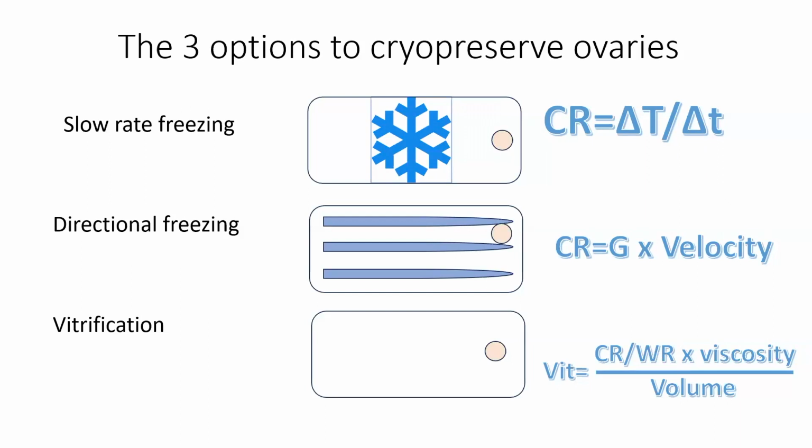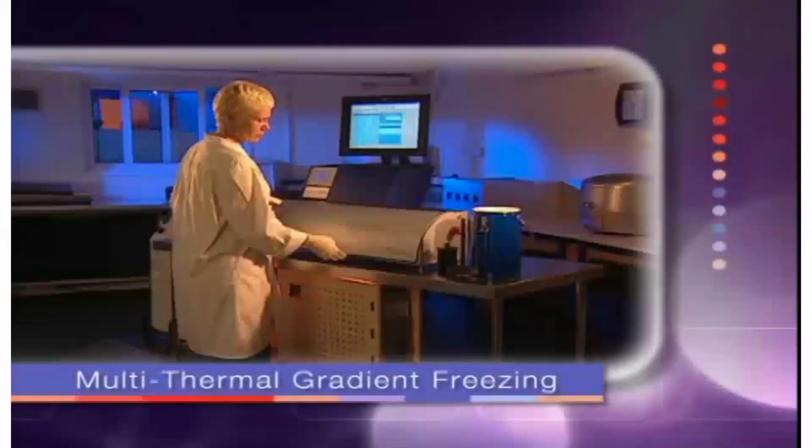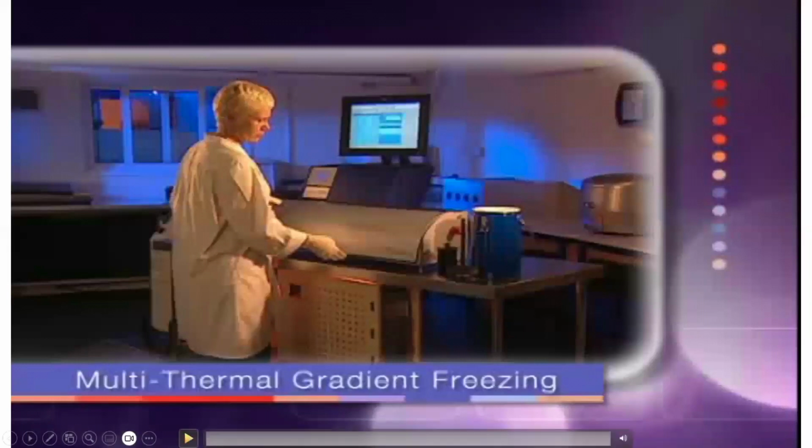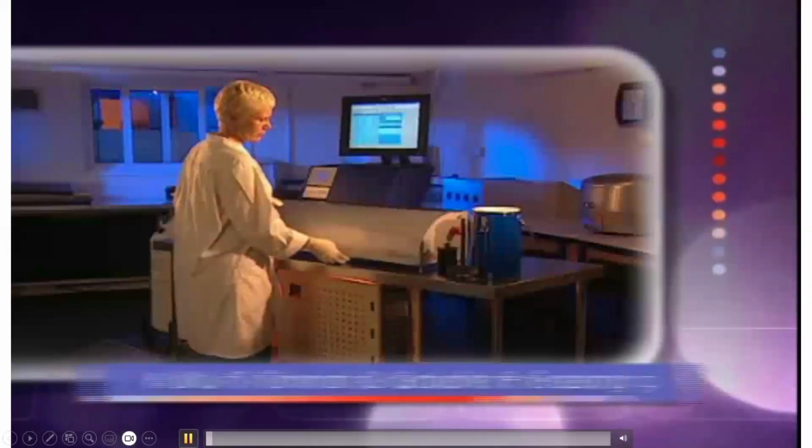Viscosity is determined by the cryoprotectant concentration, so we can increase the concentration to a certain level, which is not toxic. Volume, which we just heard in the first talk, is very important for oocytes and embryos, but for tissue and organs, of course, it's very limited. So I'll show you a short video of how directional freezing works.